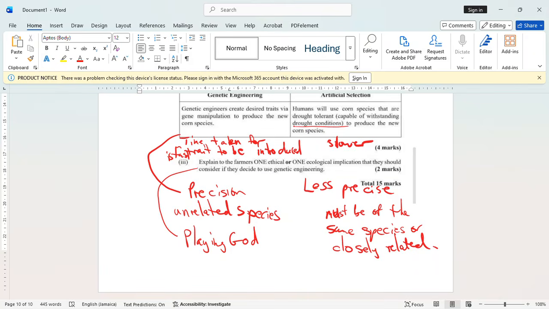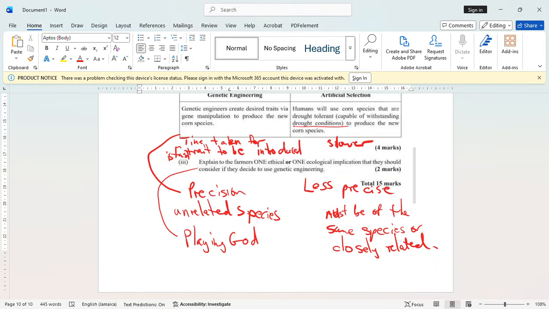Also, these plants that we create can somehow get pollinated by a weed, or pollinate a weed, or the information can be transferred to a weed, and we have problems where we have super weed plants that now exist.